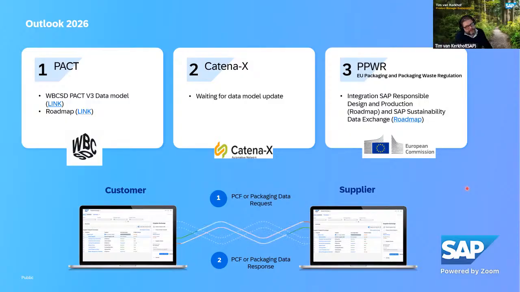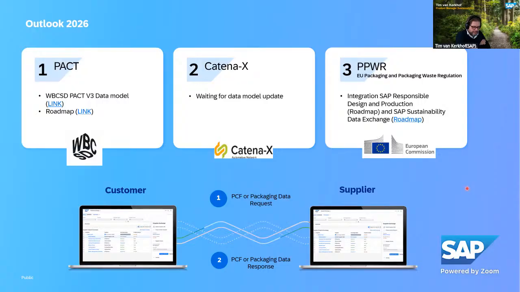Yes, we are now getting ready to update the roadmap really soon. We are now in our planning for 2026. There are going to be a couple of enhancements that we're expecting. There are a couple of things that the Catena-X standards will require, which focus on different ways of communicating and getting the data.